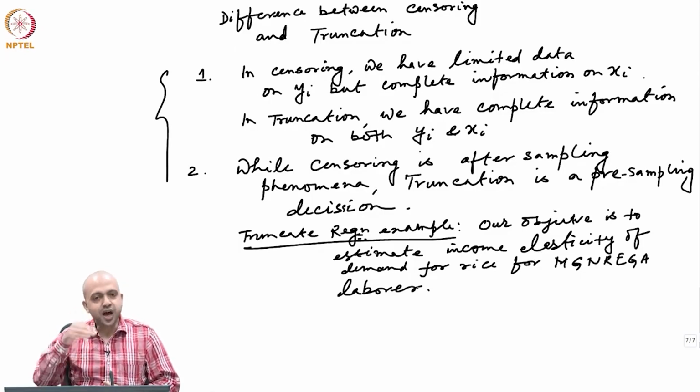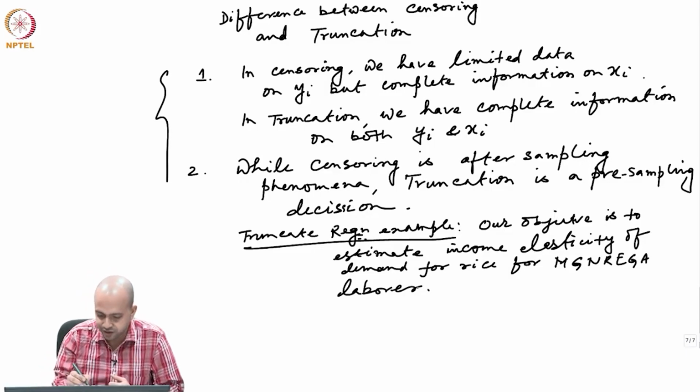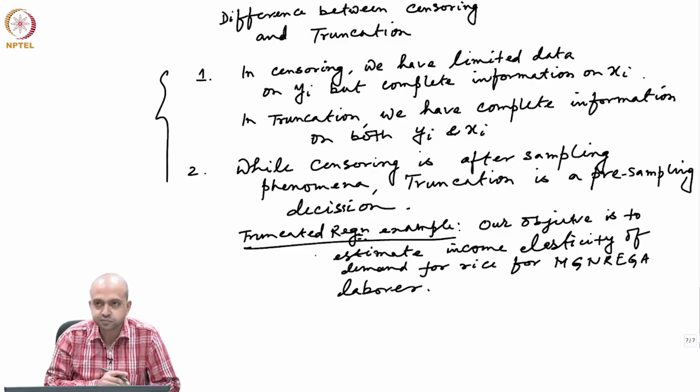Like the previous case, if your income is not coming from MGNREGA, then I am not considering you. That is why income elasticity of demand for rice only for MGNREGA people, right. So there is no question of considering the entire sample, which is basically a truncated regression here.